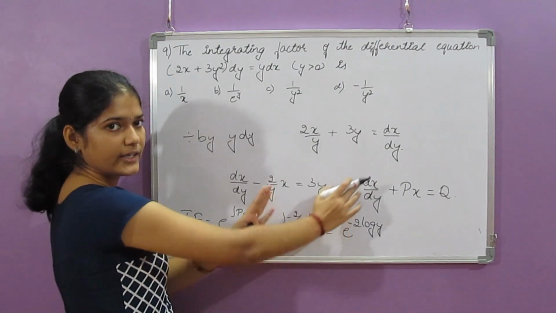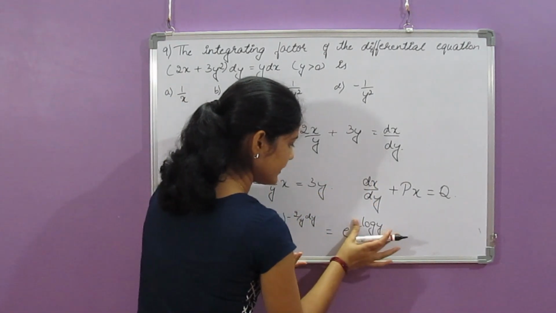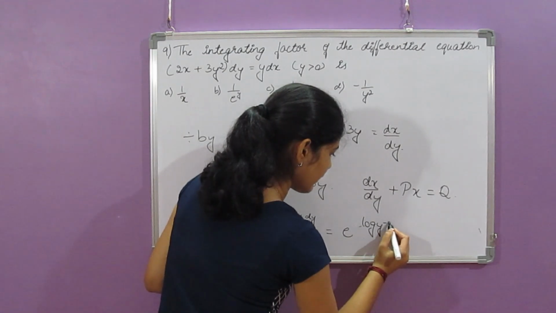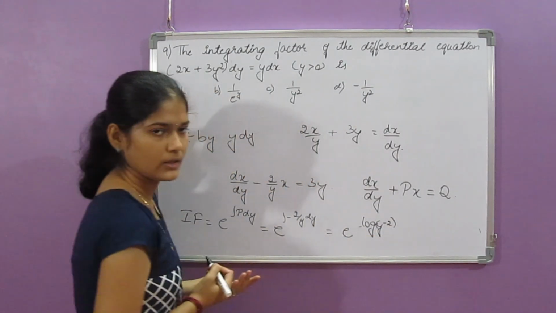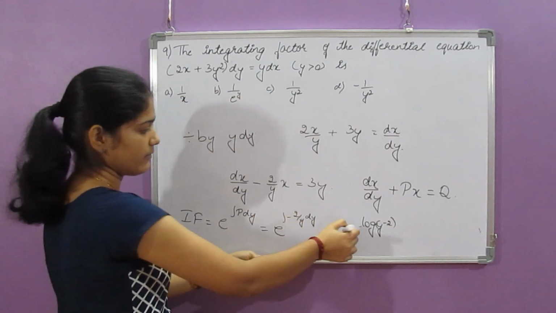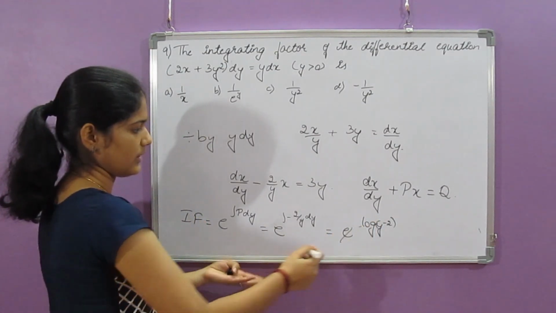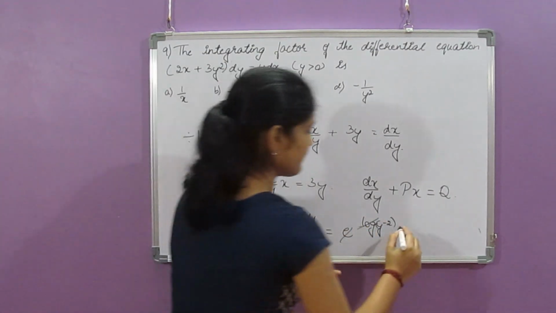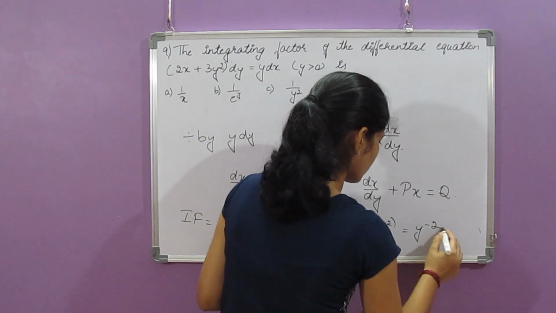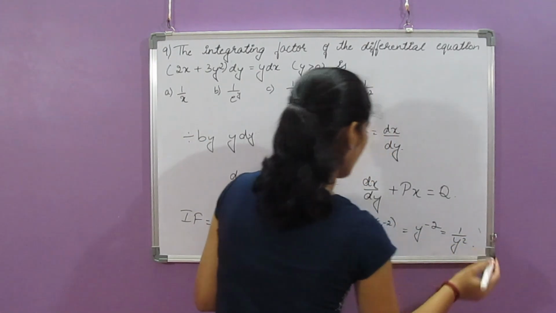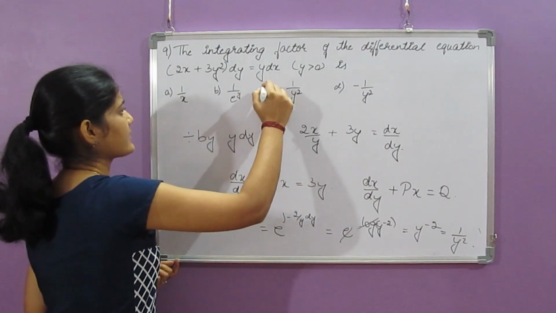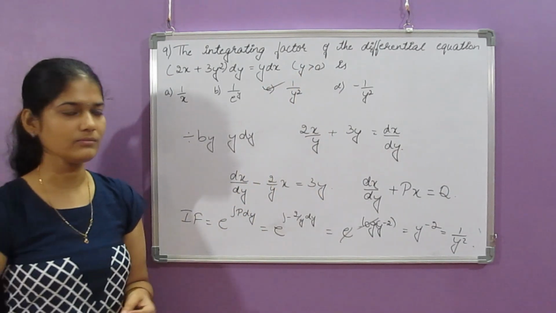Minus 2 can be taken to the power. That means we can write e power log of y power minus 2. Then e and log get cancelled. That means y power minus 2, which is nothing but 1 by y square. So the correct answer is option C.